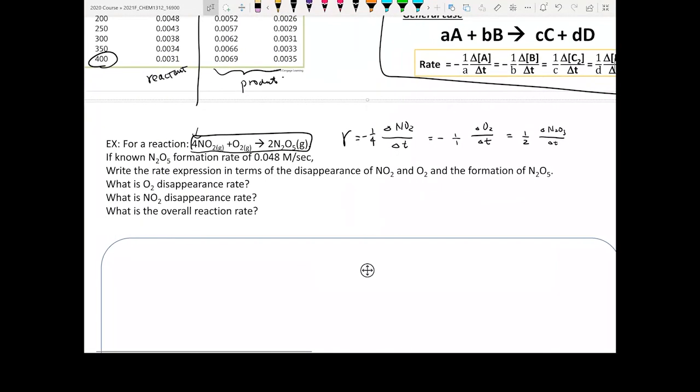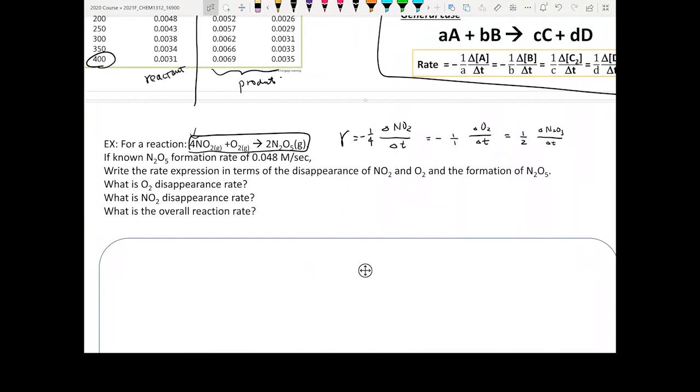carefully again. It says it's known the N2O5 formation rate is a certain number, 0.048, right? What does that mean? What is the N2O5 formation rate? Translate that.